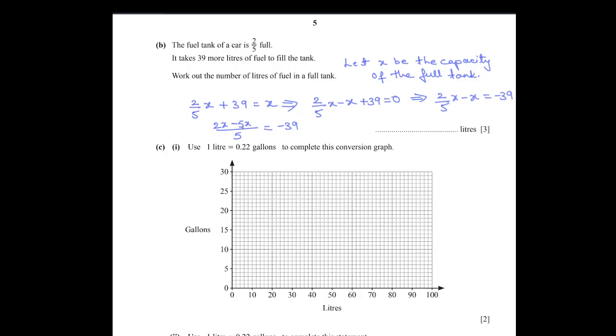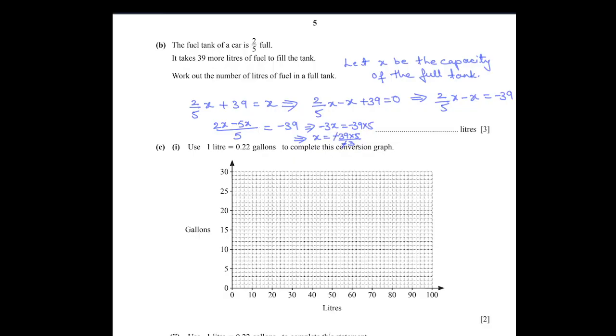Now 2x minus 5x is how much? Minus 3x, and bring this 5 to the other side, so x will be minus 39 into 5 by minus 3.